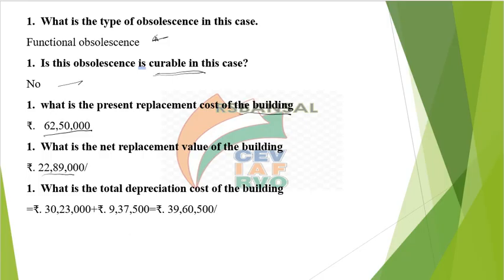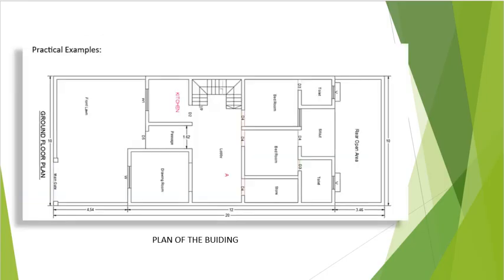The net replacement value of the building we have calculated is 22 lakh 89,000. And what is the total depreciation cost? We have calculated 30 lakh 23,000 plus 9 lakh 37,500, 39 lakh 60,500, which is the total depreciation cost of the building.